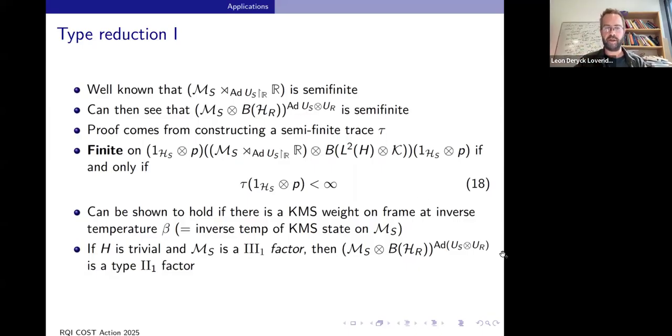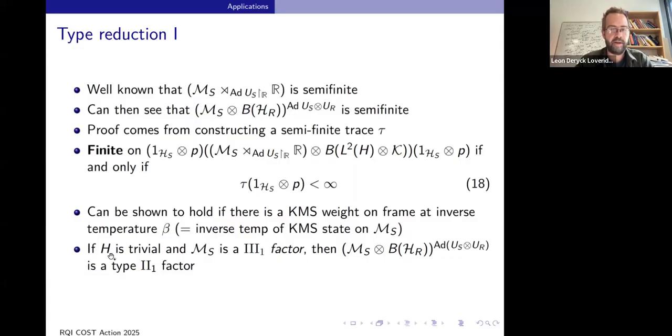So we can show that we can construct a semi-finite trace on the algebra, and that's finite exactly when this Naimark projection has a finite trace. Now we can show that happens exactly when the frame admits basically a KMS state, slightly more general, it has to be a weight at the same inverse temperature as our quantum field theory. So that is something that's perhaps slightly mysterious. It's a sort of thermal equilibrium property.